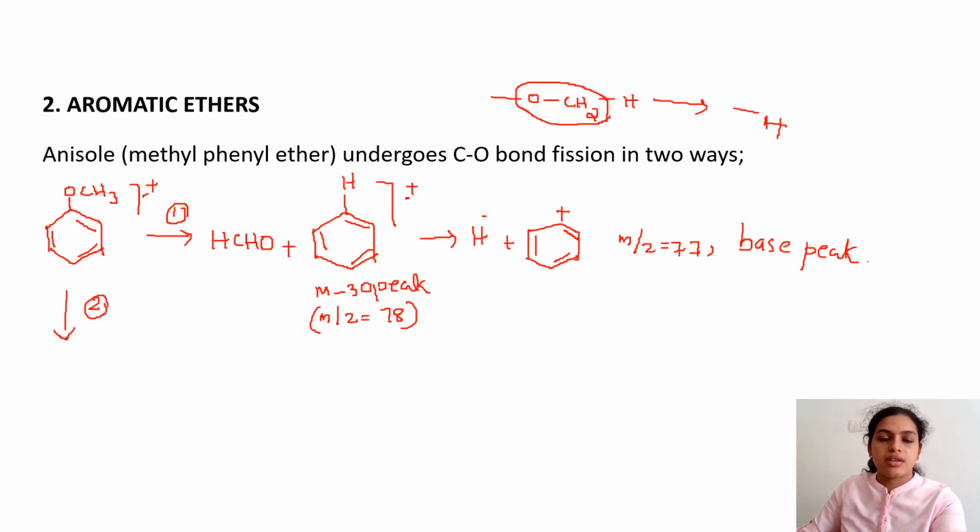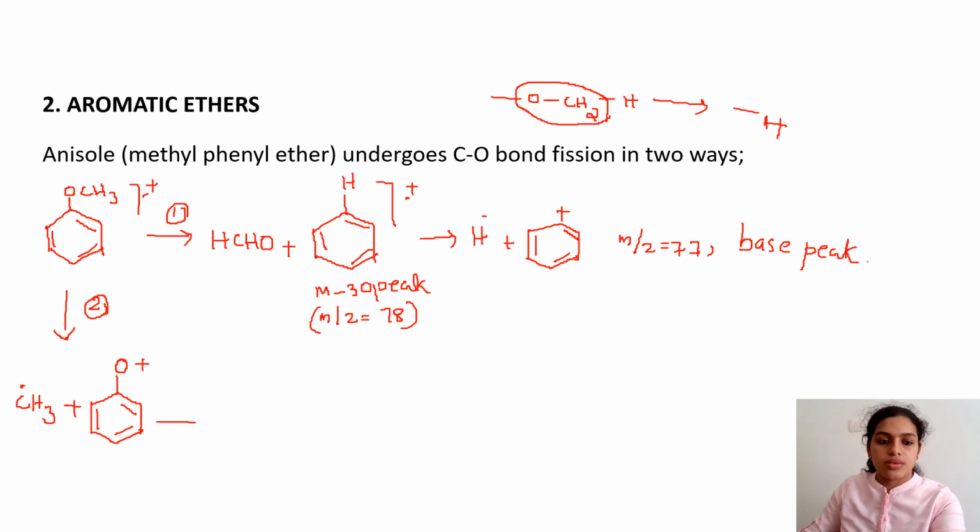that's the normal one, where there will be an alkyl group radical and the remaining part carries the positive charge. So we can write CH3 dot and the remaining one as a positive charge. Therefore, we'll be getting a species like this, O plus.